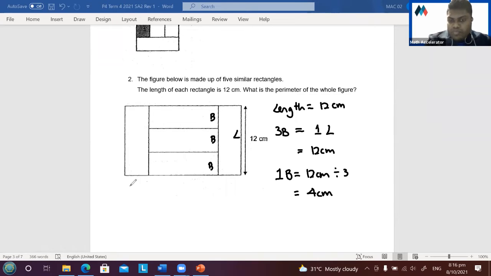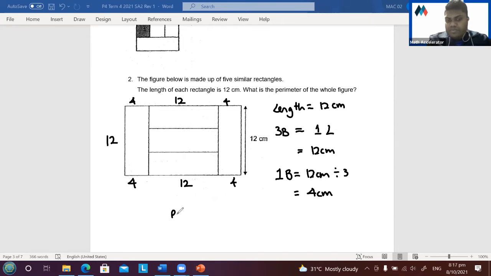Go and put wherever there's 4 cm. So there's 4, 4, 4, 4. And for the length, it's 12 cm. So we're going to put 12. 12 is written here, 12 here, and 12 here.